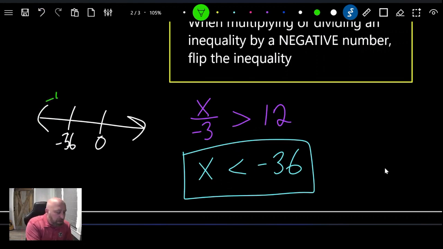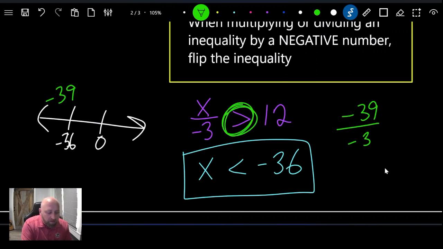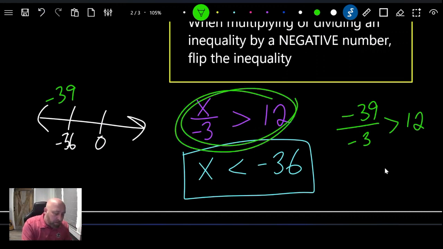So let's try negative 40. Actually, because we have to divide by negative 3, let's do a negative 39. I picked one that's divisible by 3, so that'll make this a little bit easier. So if we do negative 39 divided by negative 3, and we're going to go back to the original sign, is greater than 12. Okay, because I'm checking it back into the original.